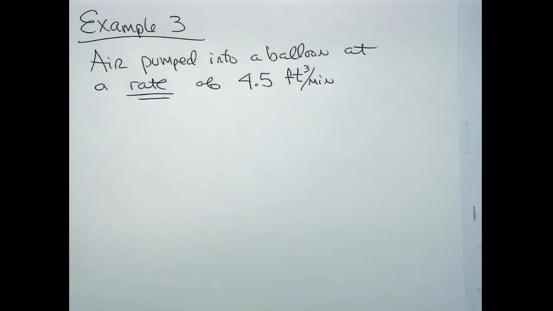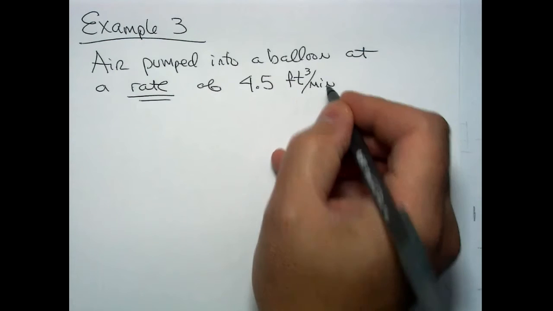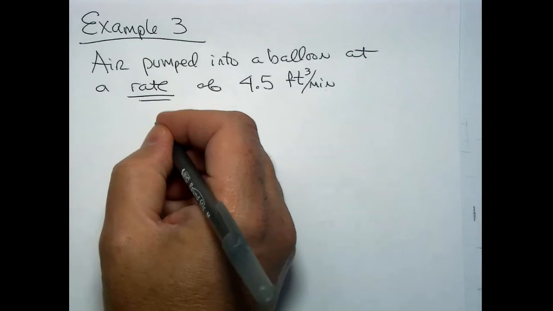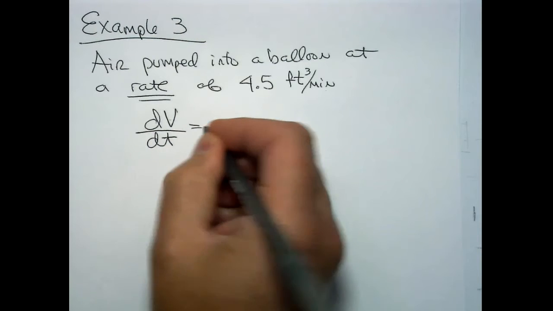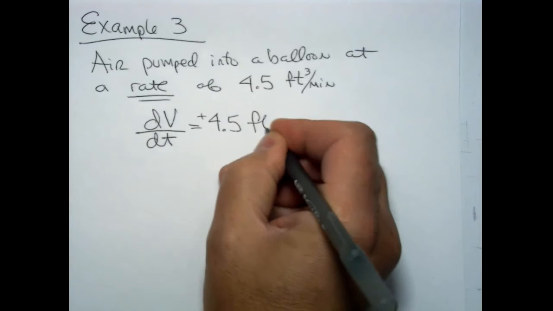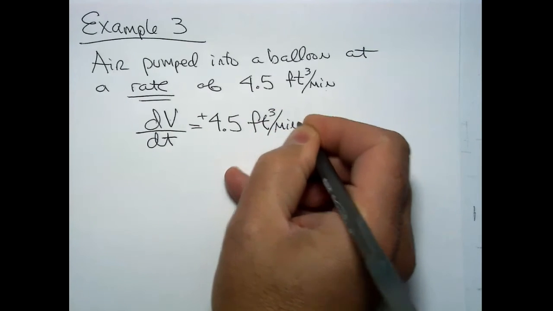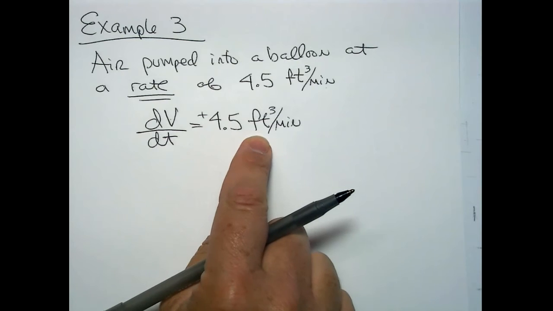Well, let's stop there. First of all, what is that? What rate and what derivative is that? This is a volume change per minute. So that's dV/dt right there. How does volume change with respect to time? That would be positive 4.5 cubic feet per minute. Every minute at this moment, we're getting 4.5 cubic feet of air.